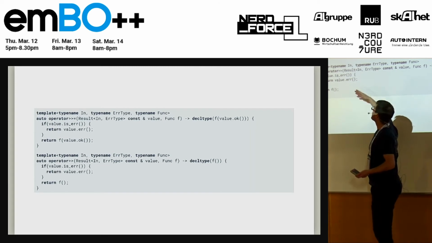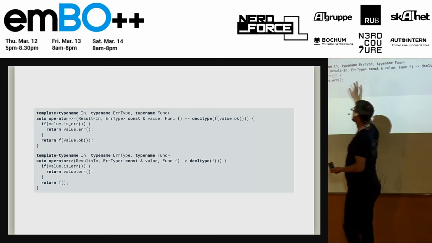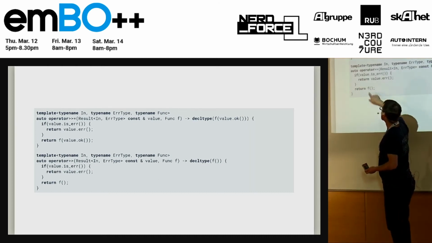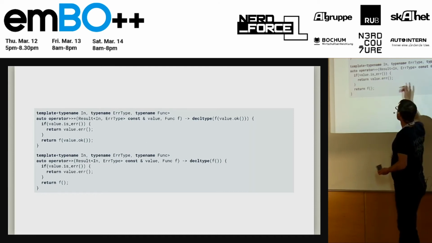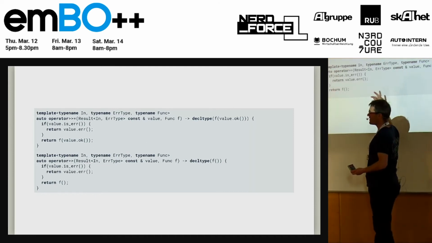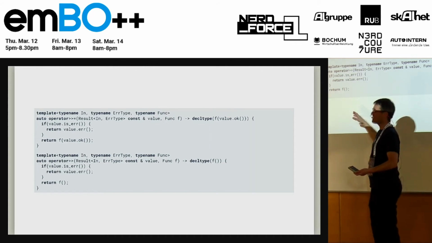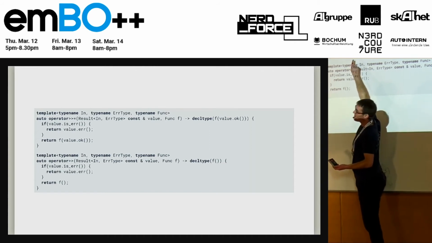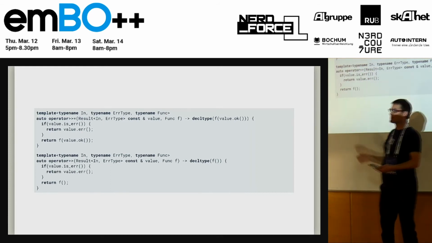This is used, for example, for the pump, which had no return value. It's a variation which on the error does the same. Is there an error? Return the error. And if there is a value in there, I don't care about the value and just call the function without the value. So the difference is only that there I call my function with the value, and here I just call the function and don't care about the value.